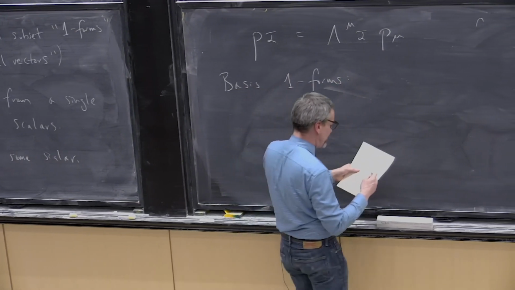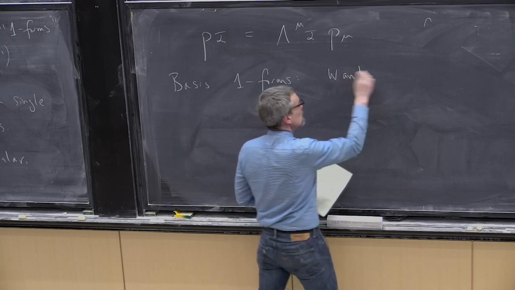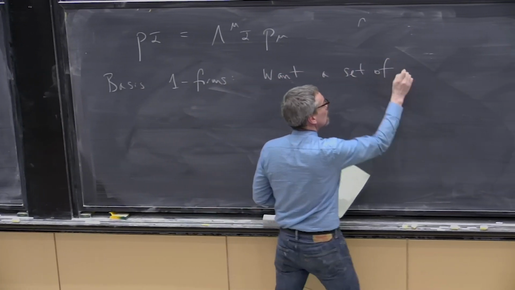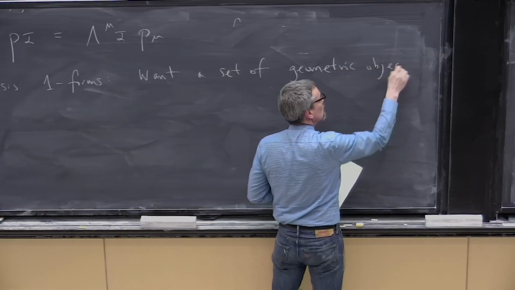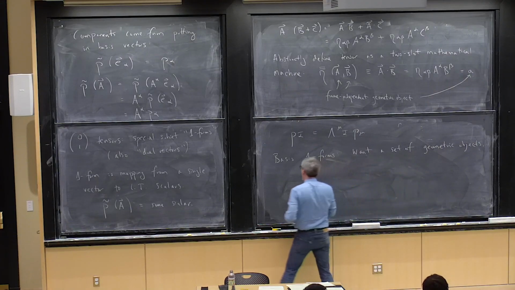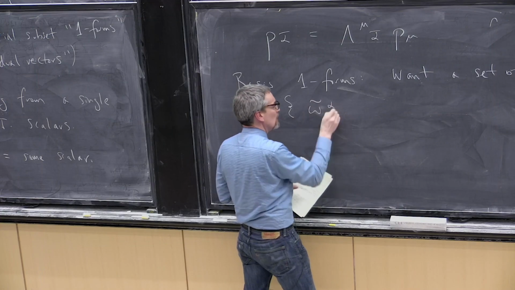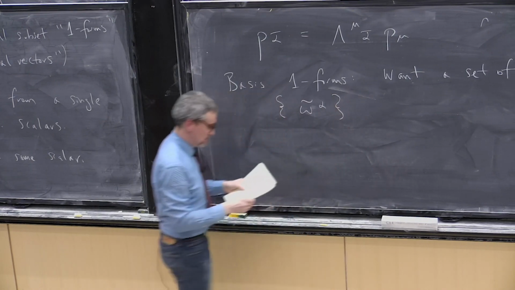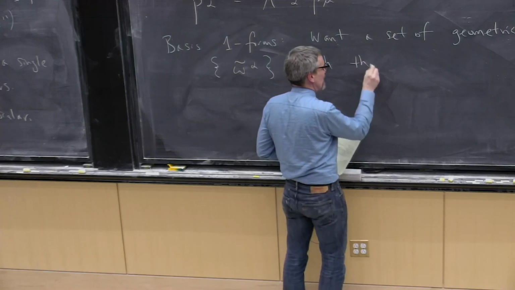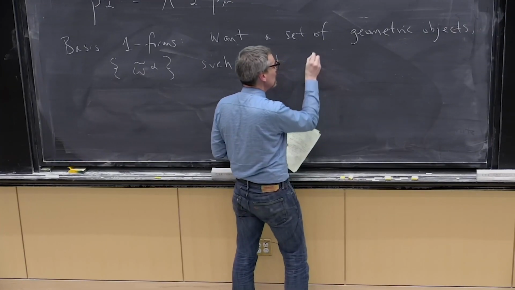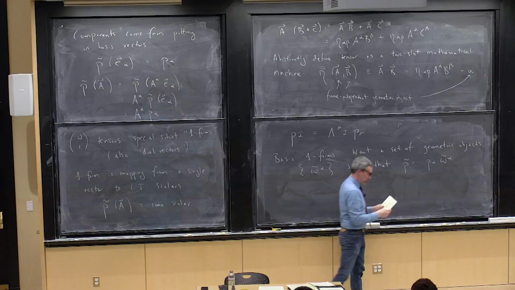What I want to do is define a family of geometric objects, and I will denote them with an omega and a tilde, such that any one-form can be written as its components attached to these little basis objects.